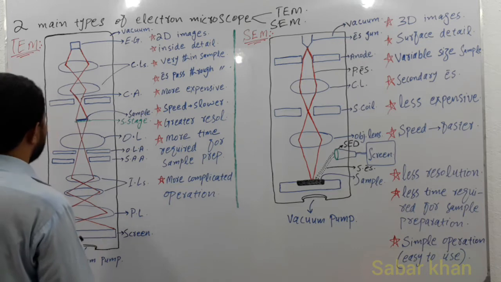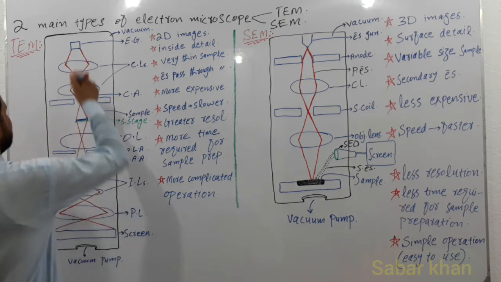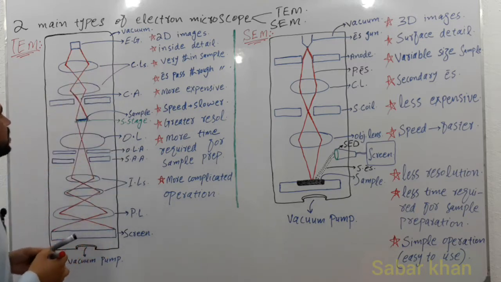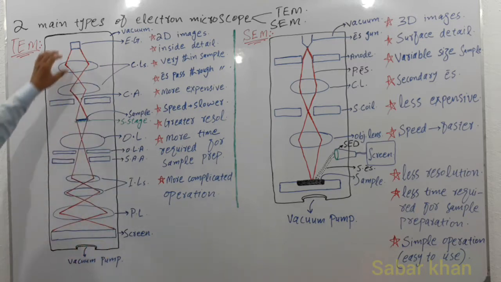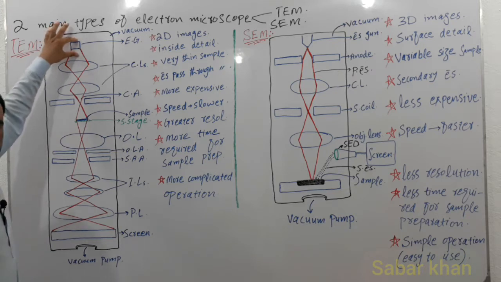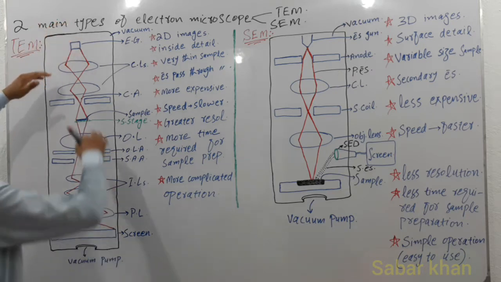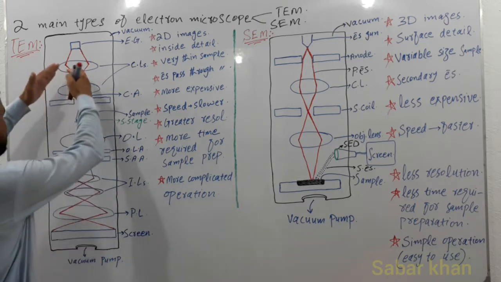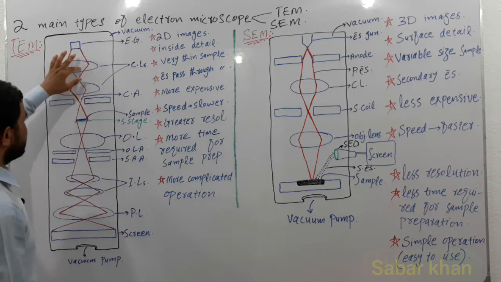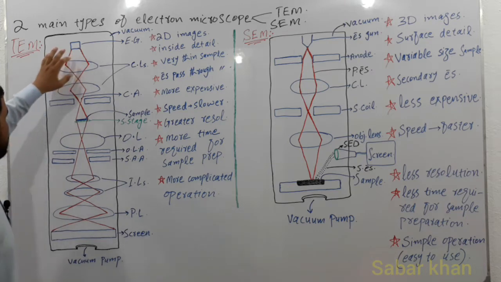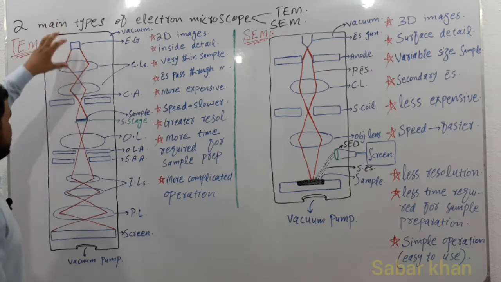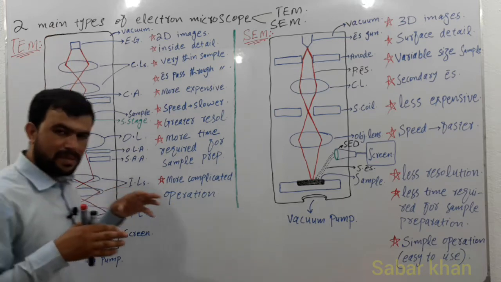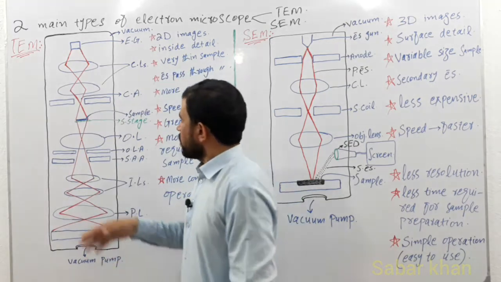So the electron gun emits the electrons. This is the electron beam emitted from the electron gun. The electron gun is mainly a tungsten element. When the electron beam emits from the electron gun, it is condensed by condenser lens 1, and when it passes through condenser lens 2, it is condensed further.